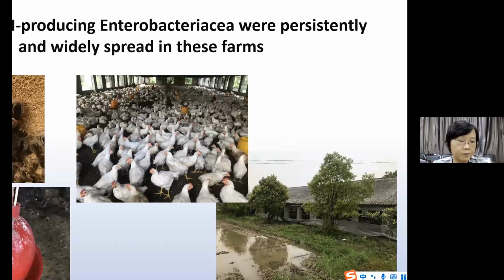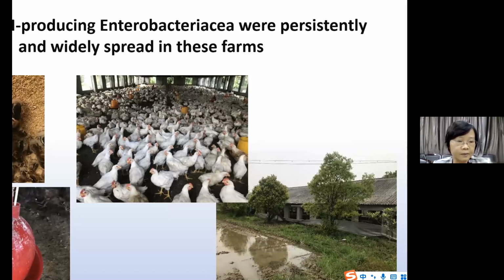After some investigation, we looked at the use of antibiotics. They don't use carbapenems, so why is there NDM, and why is this NDM so popular in those farms?